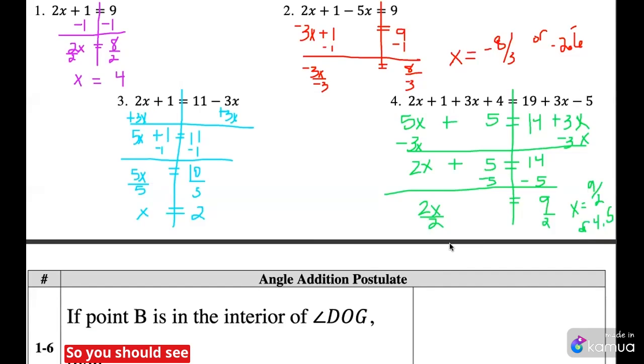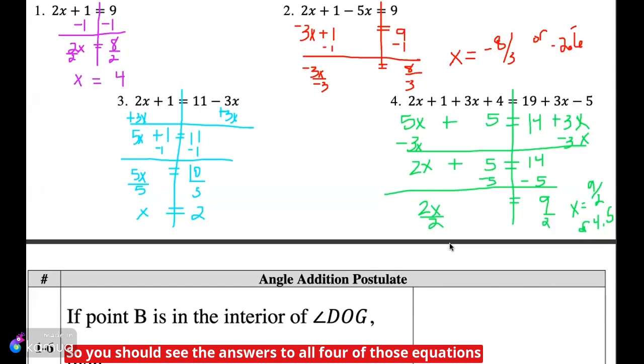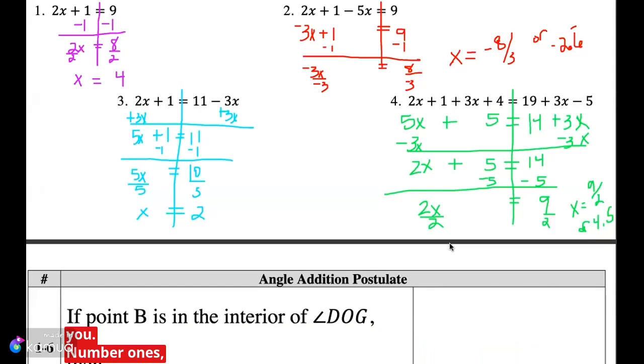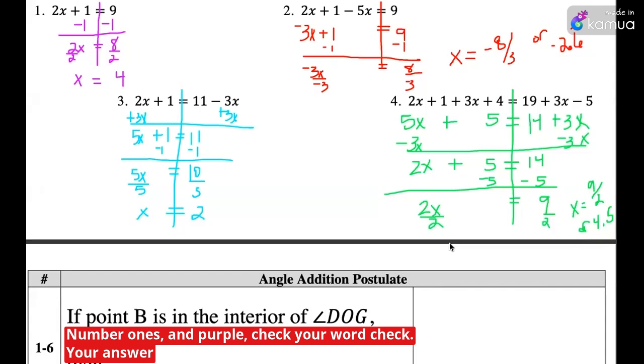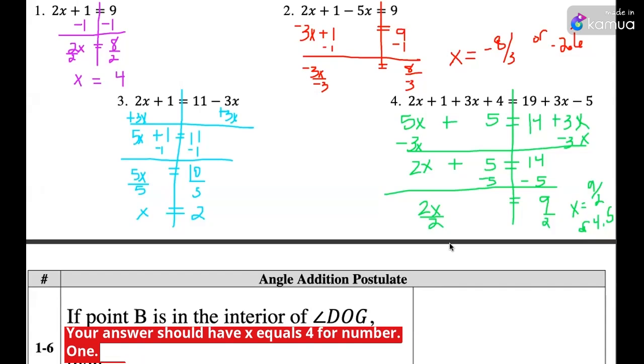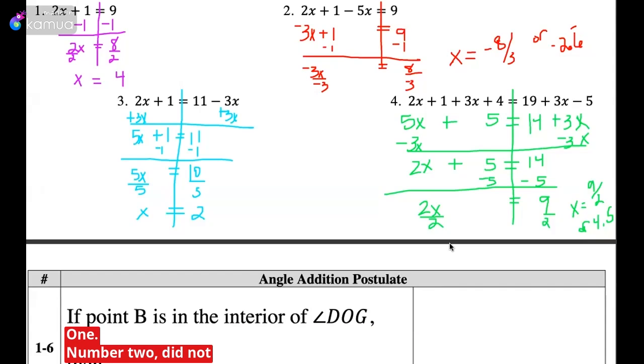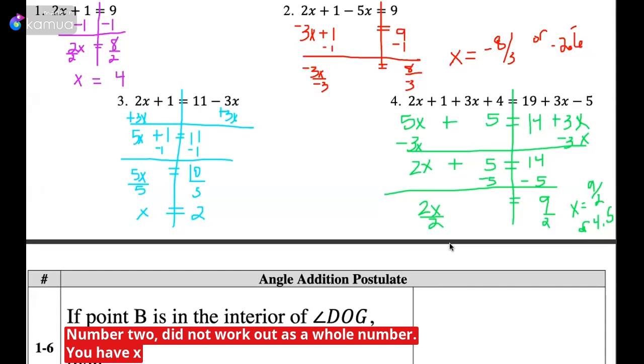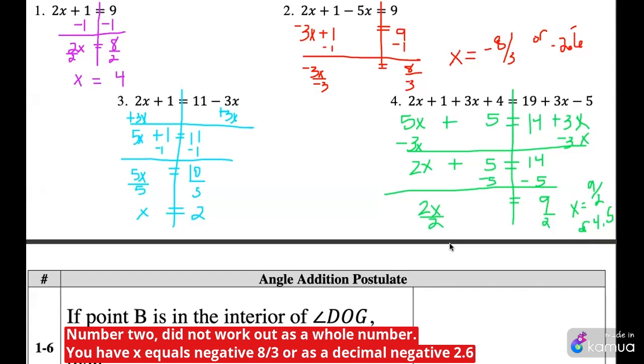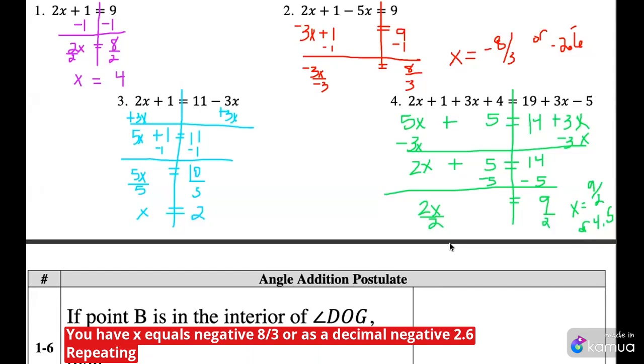So you should see the answers to all 4 of those equations there for you. Number 1's in purple. Check your work, check your answer. You should have x equals 4 for number 1. Number 2 did not work out as a whole number. You have x equals -8/3, or as a decimal, -2.6 repeating.